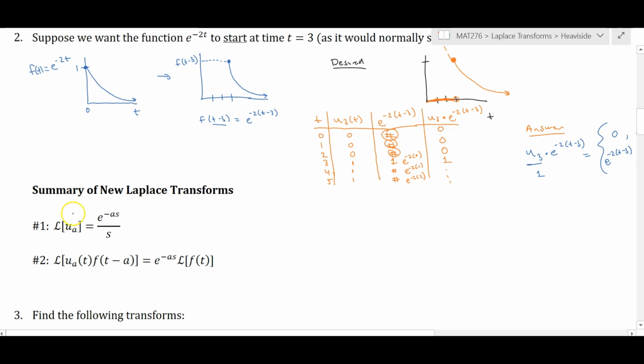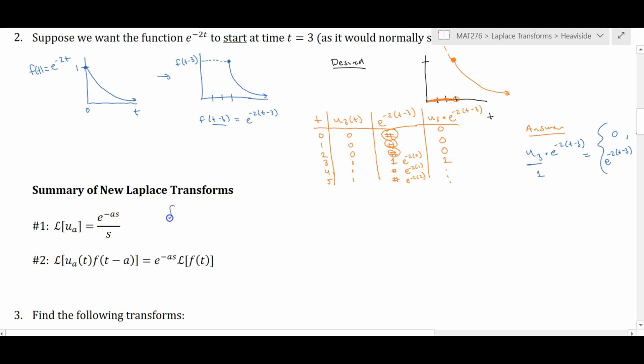Now, in what we're about to look at, we're going to need 2 Laplace transforms. And the first Laplace transform is, of course, of the Heaviside. What I want you to notice with this Heaviside is that even though the Heaviside is a discontinuous function, when we go from the t domain into the s domain, we get a continuous function.